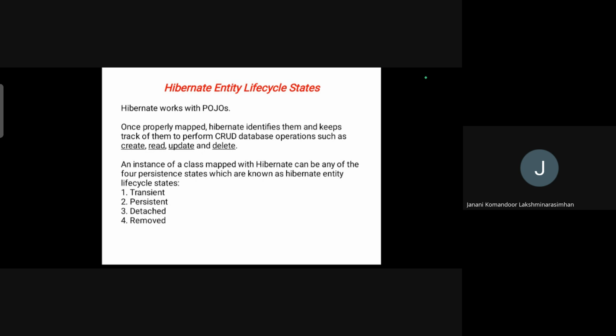The objects pass through 4 different states. These 4 stages constitute the life cycle of an object: transient stage, persistent stage, detached stage, and removed stage.